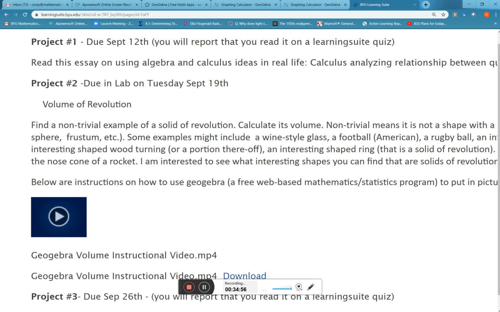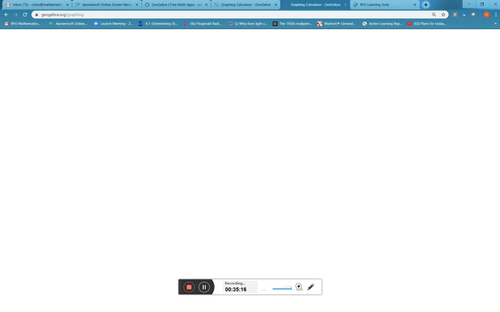It's going to be a volume where you can't just use a simple geometric formula to find it out. Like my TA from the last class, when she was in my class, she did a bowling pin. So, find the volume of a bowling pin. A lot of people do bases. But I'm going to show you some cool tools to help you out with this.